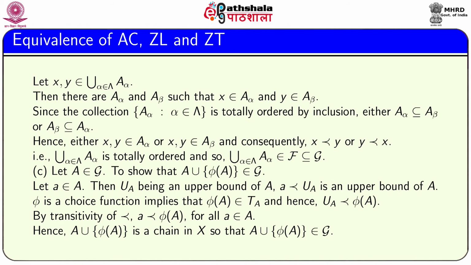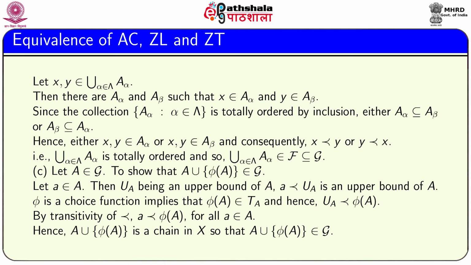Let us take two points x and y from this union. Then there are A alpha and A beta such that x belongs to A alpha and y belongs to A beta. Since the collection A alpha is totally ordered by inclusion, either A alpha is a subset of A beta or A beta is a subset of A alpha.